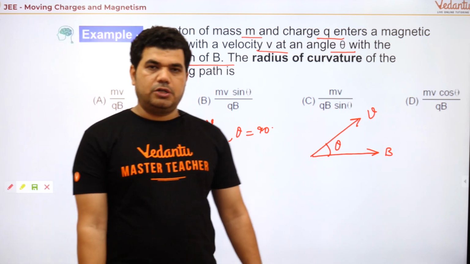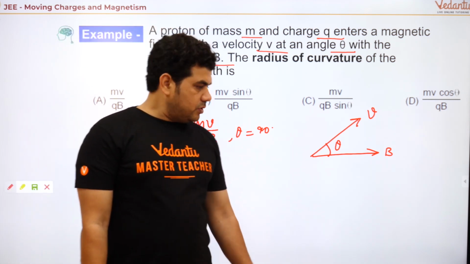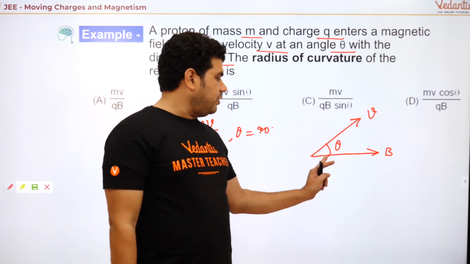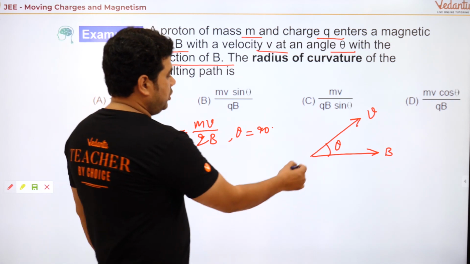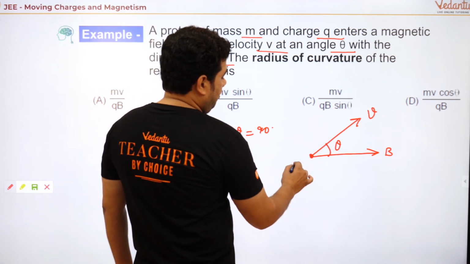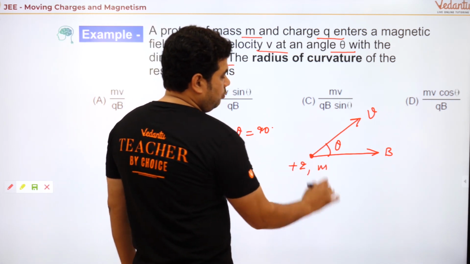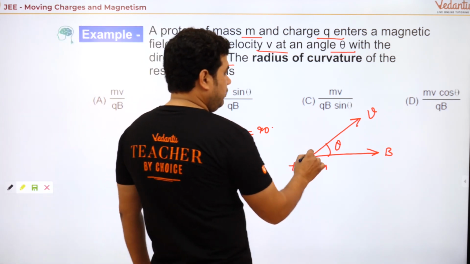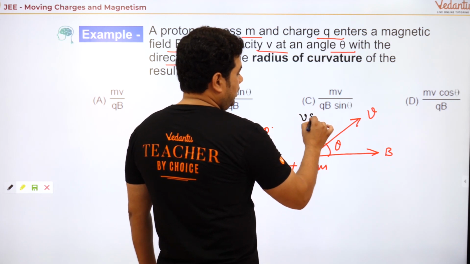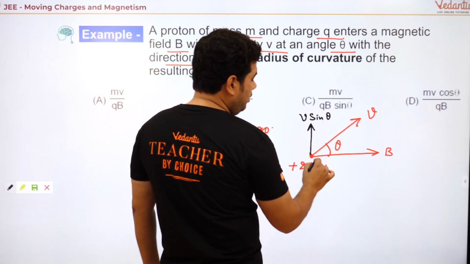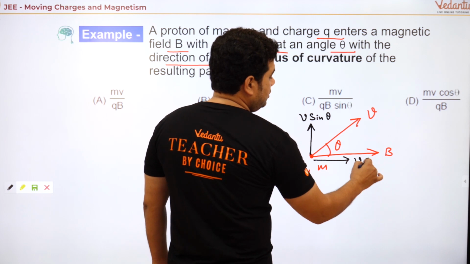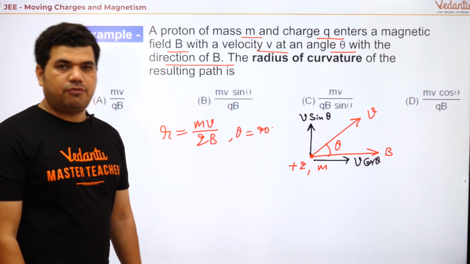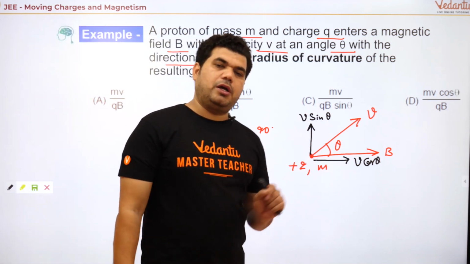Got it? The particle has a plus q charge and mass is small m. Now resolve the velocity: one is v sin theta and another one is v cos theta. There is no magnetic force due to v cos theta.